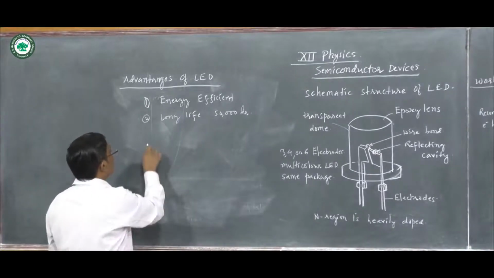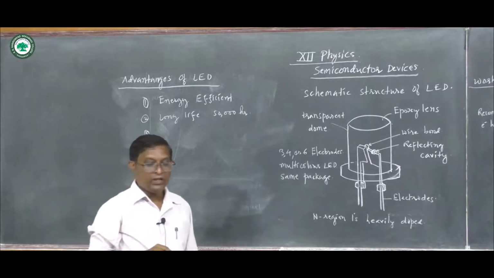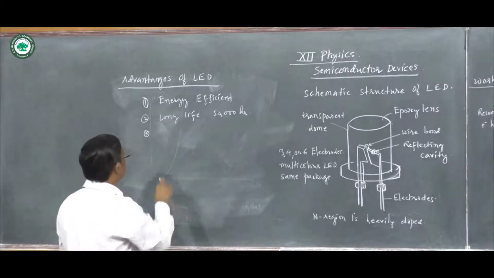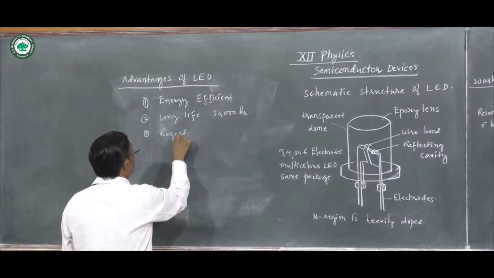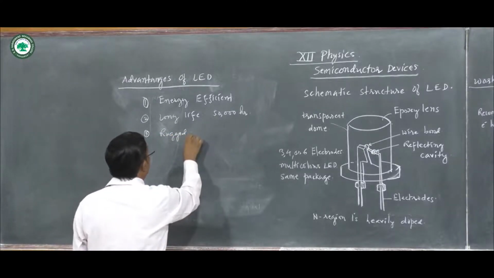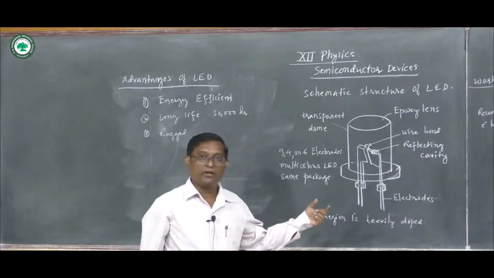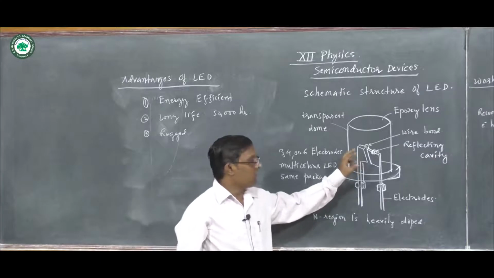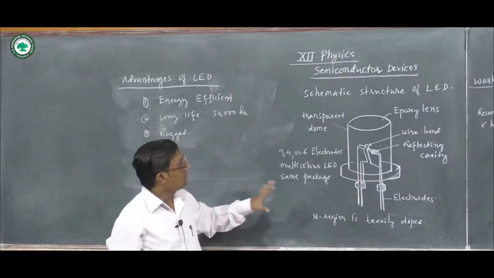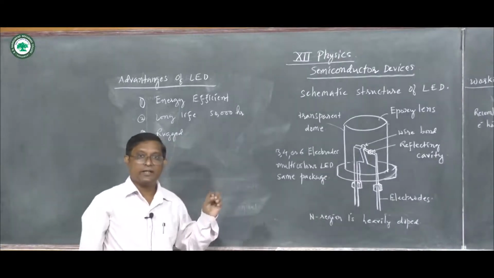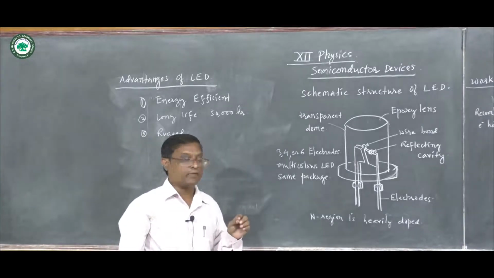The third advantage of this LED is it is rigid in nature, because no tube or filament or any kind of wire is used in this LED. It is a solid state device.